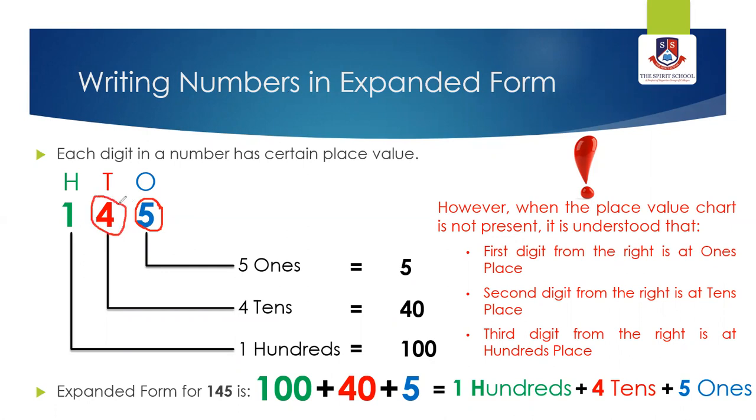Always and always, the second digit from the right is at the tens place, and the third digit from the right is at the hundreds place. So if you're not provided the place value chart, you have to remember this key point: the first digit from the right is at the ones place, the second digit from the right is at the tens place, and the third digit from the right is at the hundreds place. You have to remember this key point while solving your exercises further in the textbook.